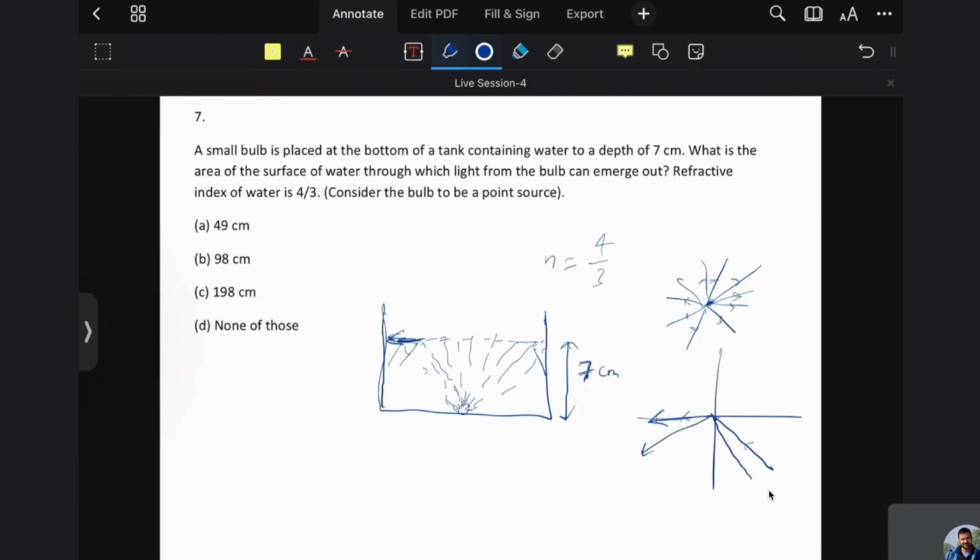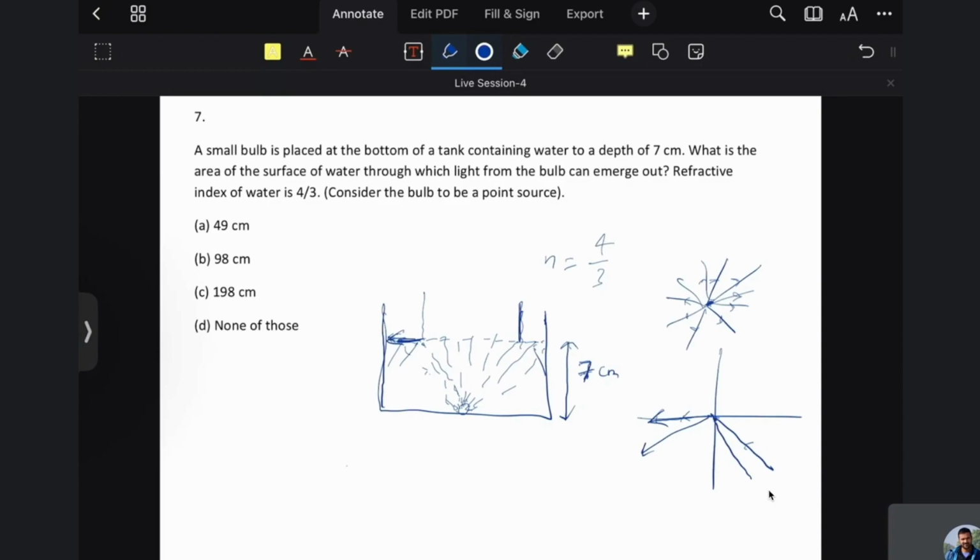So we have to find this critical angle, and whatever light goes after this will be visible outside. So that will be our surface area.